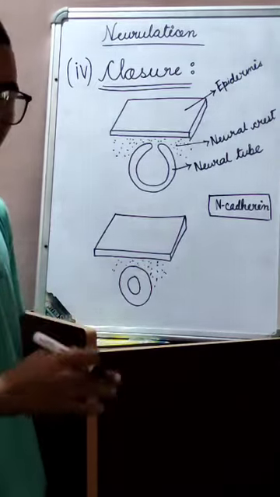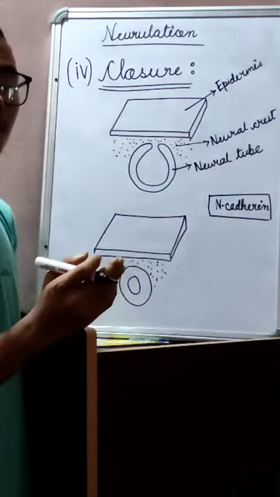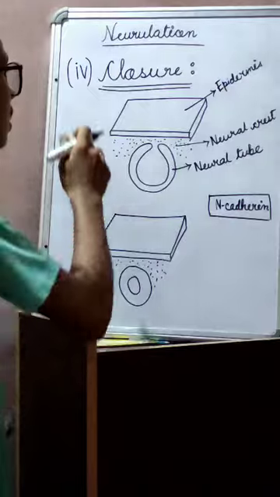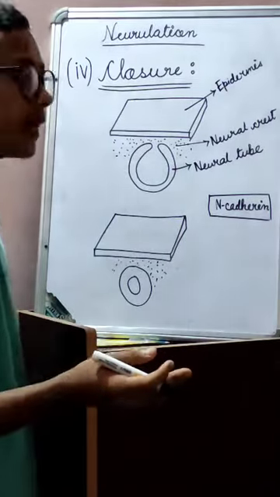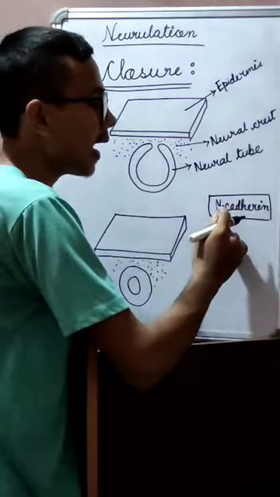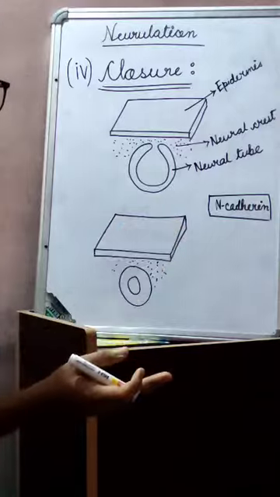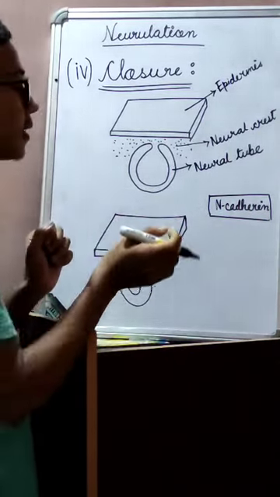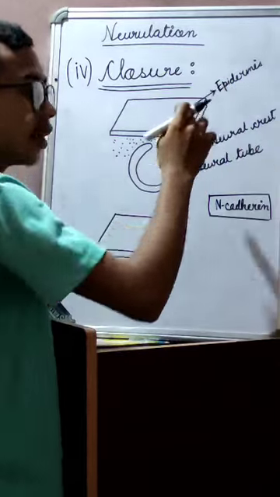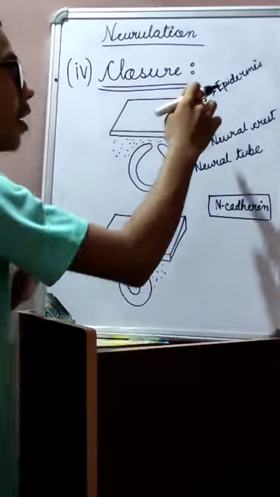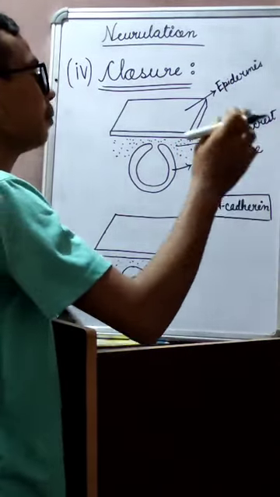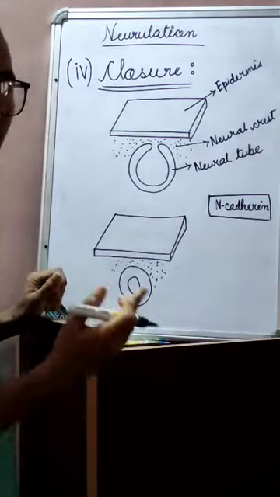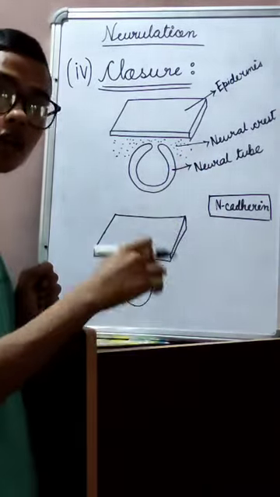In the convergence step, we see that the neural plate and epidermis come to join with each other. And in the closure step, what happens? A protein named N-cadherin comes, and this protein separates the epidermis and the neural plate, forming epidermis in the outer portion, neural crest in the middle portion, and at last the neural tube in the inner portion.